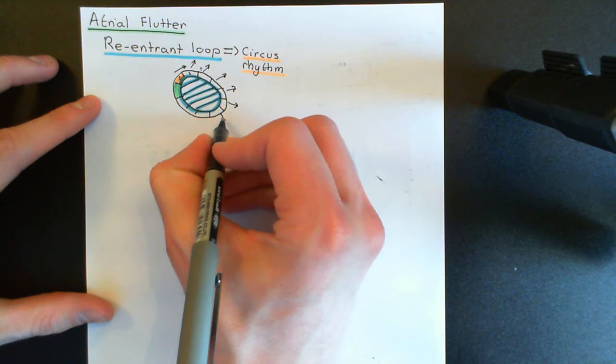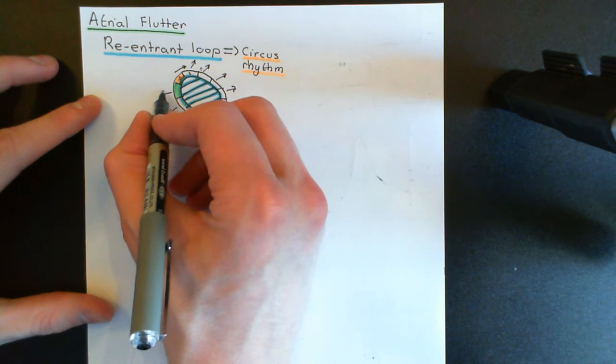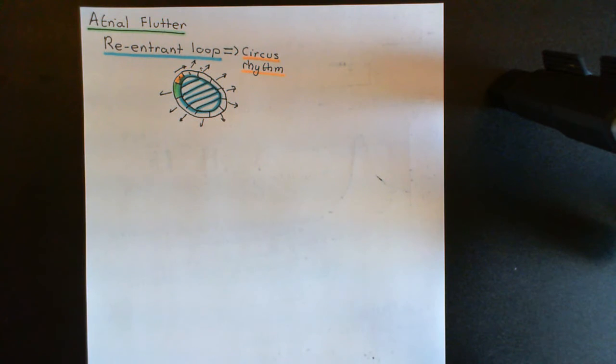Okay, and it will be propagating throughout the atrial walls therefore, and then it will reach the AV node, go down the AV node and propagate to the ventricles as well. So in fact, one of these reentrant loops can end up driving the entire heartbeat basically.